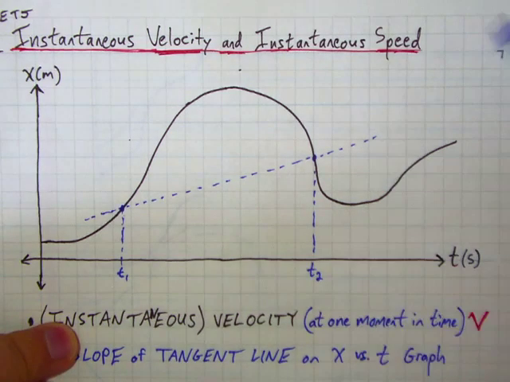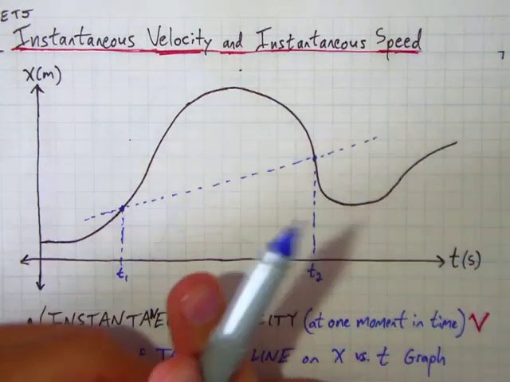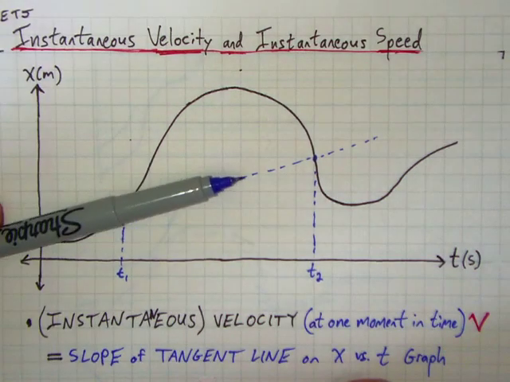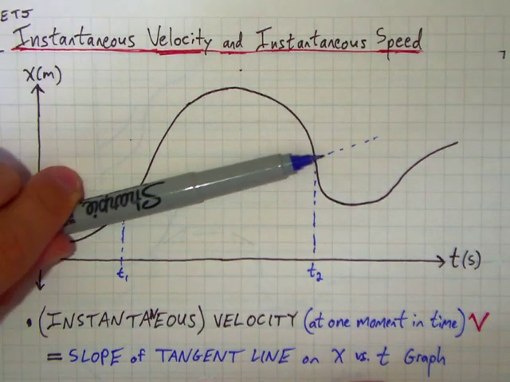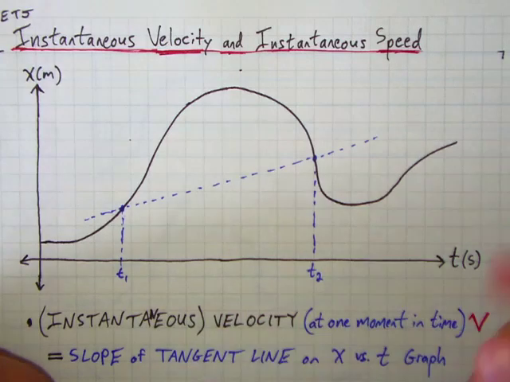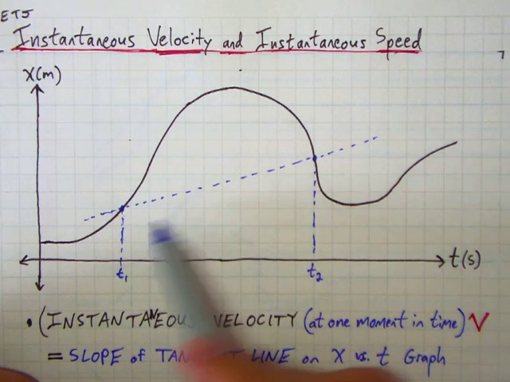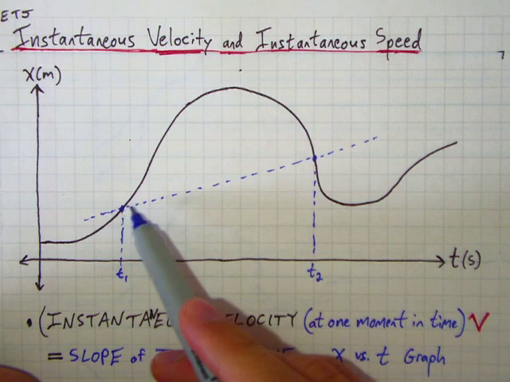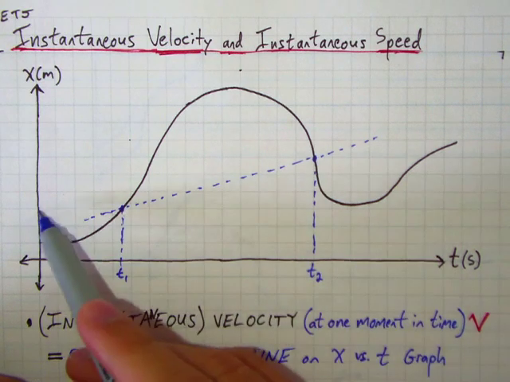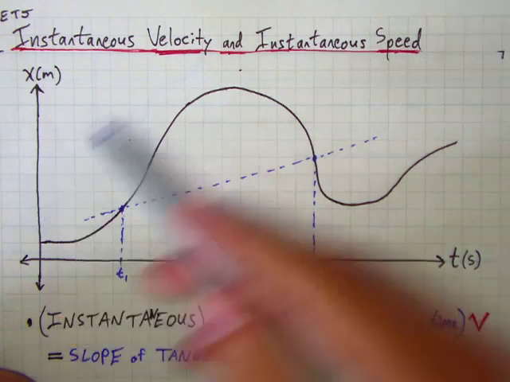That would give us the average velocity between these 2 events. It is a small positive slope, meaning on average, the velocity of the object between these 2 events is a small positive number. It's moved in the positive x direction overall from here to here.